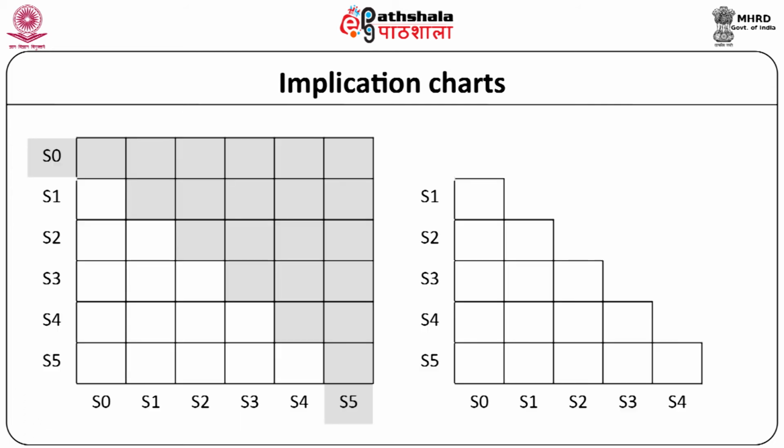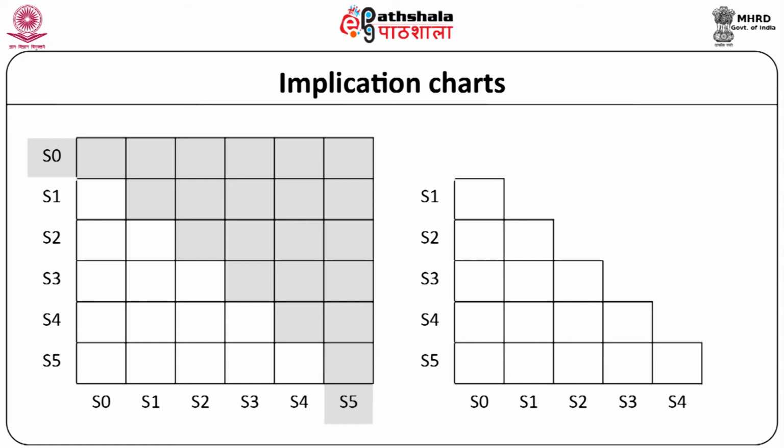The method for determining the state equivalences is described as follows. First, construct a chart which contains a square for each pair of states. The chart is constructed by listing all possible states except the last along the horizontal x axis and all the states except the first along the vertical y axis.